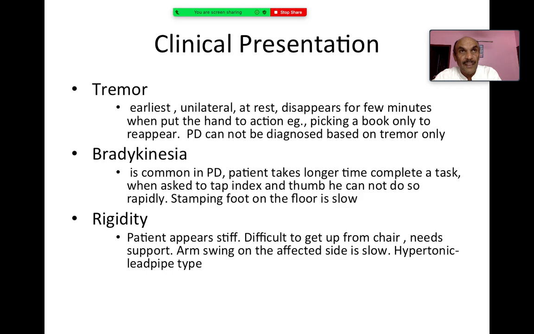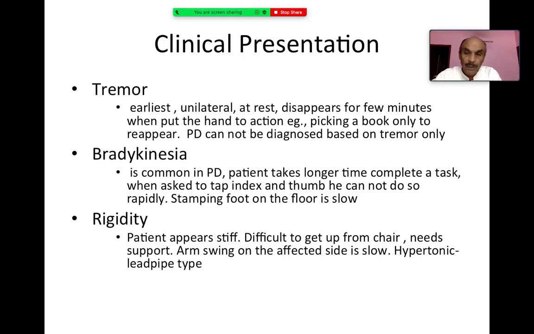If this resistance offered is uniform, it is called lead pipe type of rigidity. Sometimes we feel the cogwheel type, where the resistance offered to the passive movement is interrupted by the tremor. So that gives you cogwheel type of rigidity.